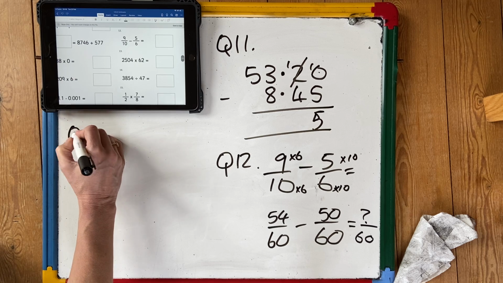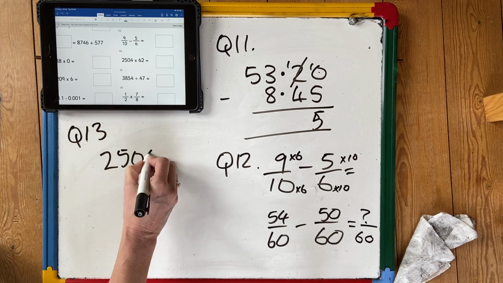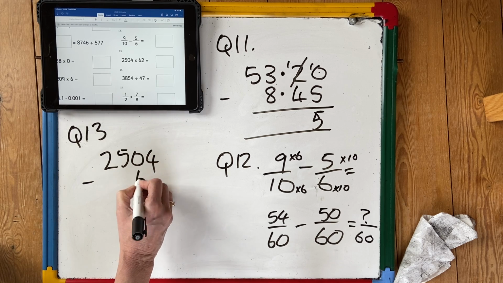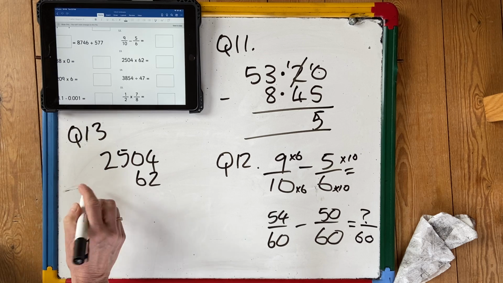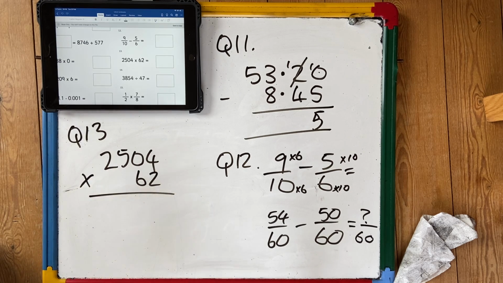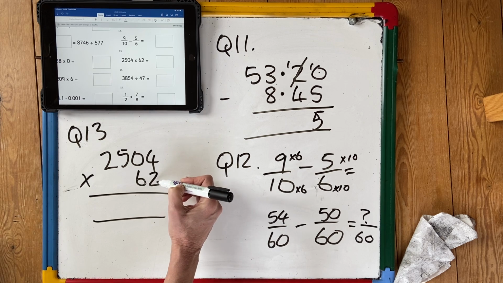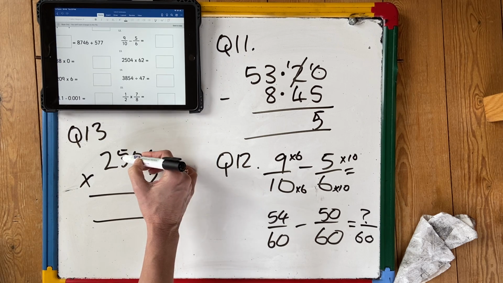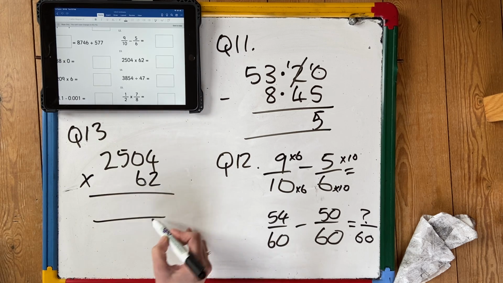Question 13. 2,504 multiply 62. So here, cover up the 6. You need to make sure you do 4 times 2, 0 times 2, 5 times 2, 2 times 2 here.